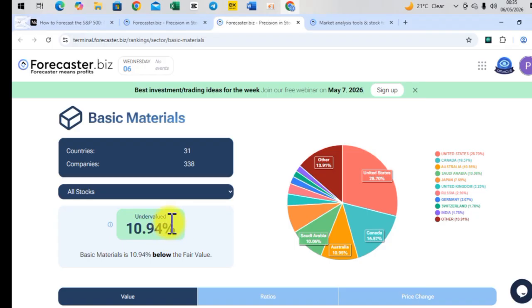When I talk about undervalued, that means the price is lower than it is supposed to be. When I talk about overvalued, then I say that such an asset is priced higher than it is supposed to be priced. So the fair value is the price you are supposed to pay for such an asset, and in this case you are talking about the value of the entire stock.